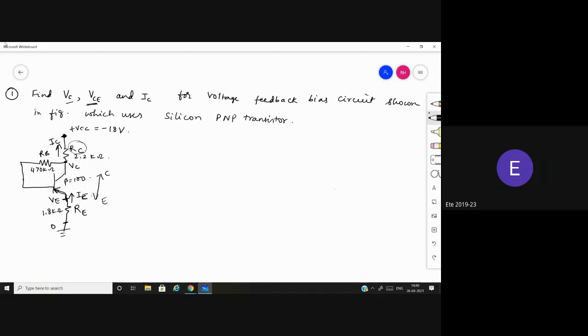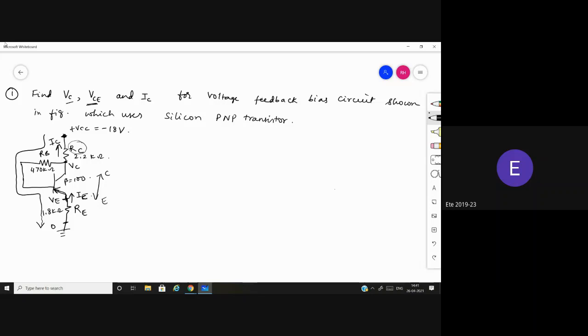We need to apply KVL to the innermost loop, the base circuit. So when you apply KVL to this innermost loop, what is the equation we are getting?